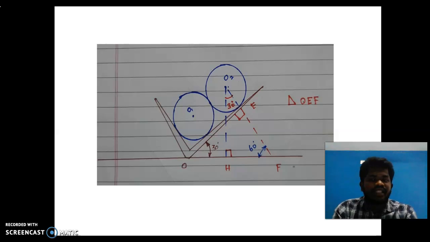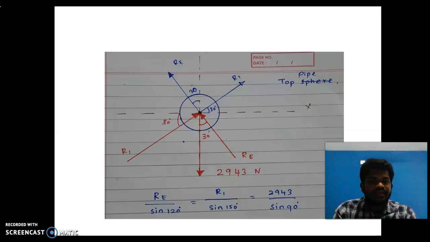Using basic trigonometry, we calculate the angle between the forces and the coordinate system. Here, pipe B, three forces are acting on the pipe. One is the weight force, which is always vertically downward. We place the coordinate system at the center of pipe B, x-axis and y-axis.